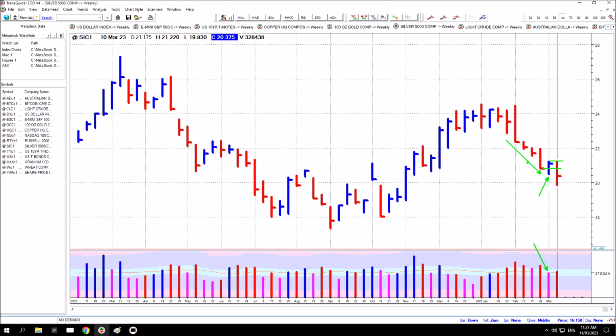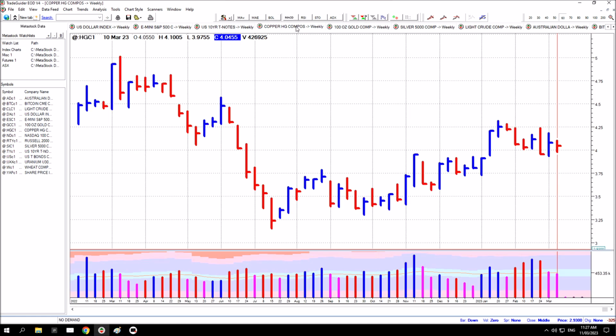This market was more volatile and acted more weakly in response to the strength in the US dollar, whereas gold held on and copper held on. These markets were much stronger. There was underlying strength in these markets. They didn't collapse and move lower in response to the strength in the US dollar.